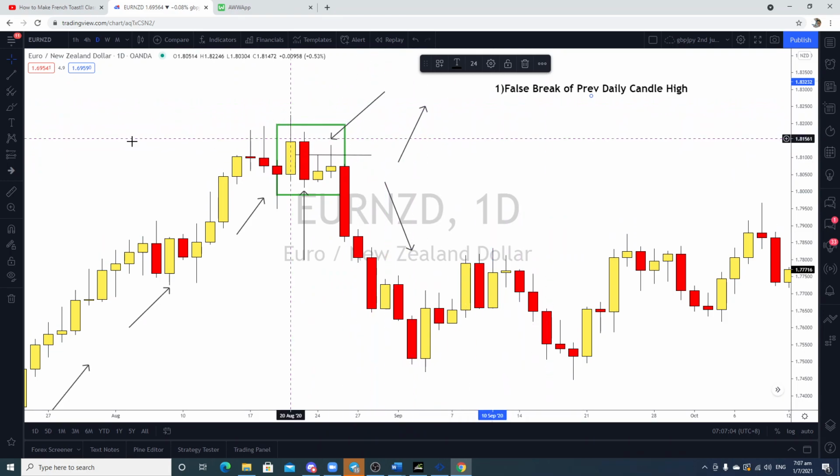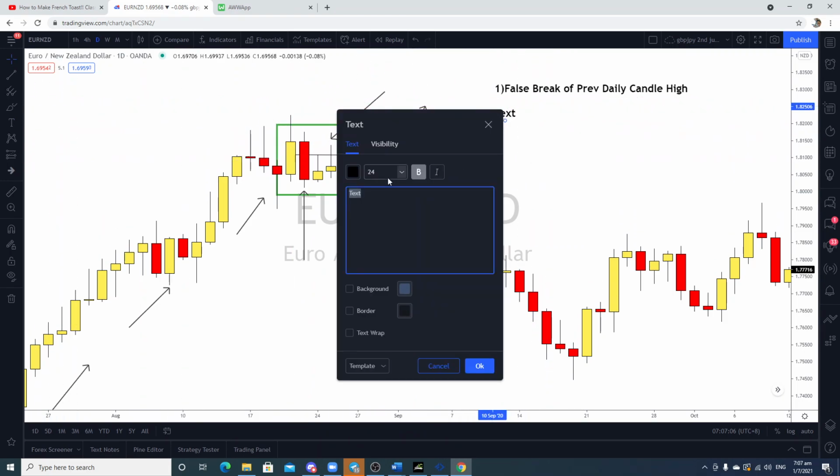Number two, you can see another confluence is that after that false break, the close is a weak close, a weak buy momentum close, which means that the buying bias is quite exhausted.